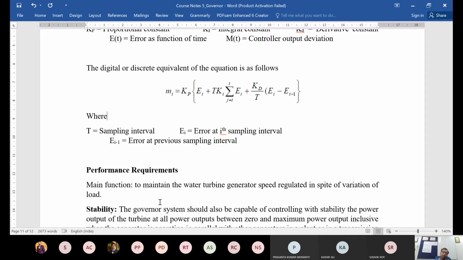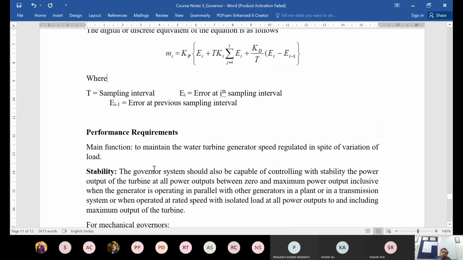Usually when we talk about the performance requirement, we need to take care of the stability of the overall system, the control being rapid in terms of speed, as well as stable, not having too many oscillations. The stability in this case is defined as given here.